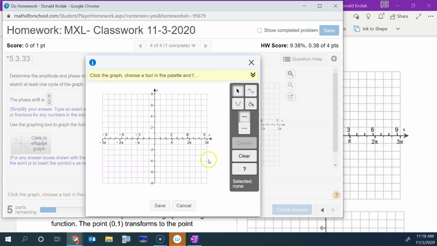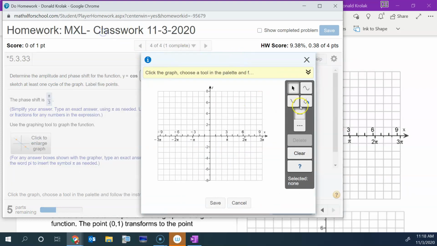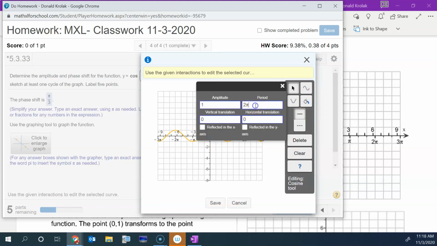Now, when you graph this, don't forget there's a vertical shift on it. So it's a cosine. And I'm going to indicate the horizontal shift, vertical. Oh, no. Yeah.